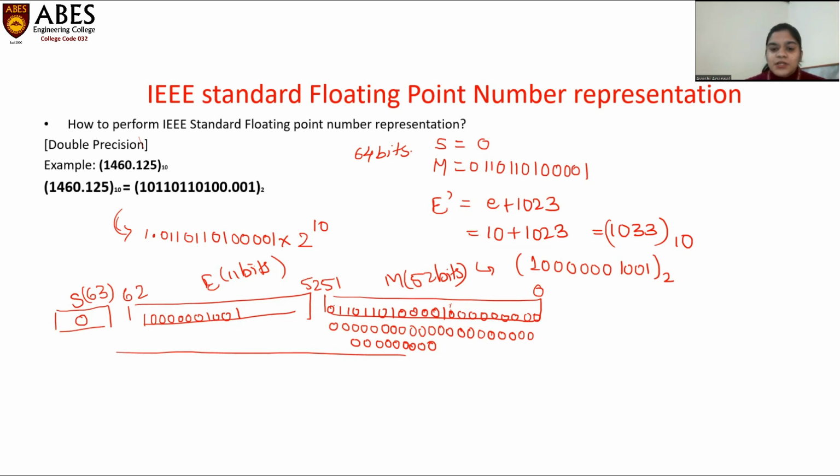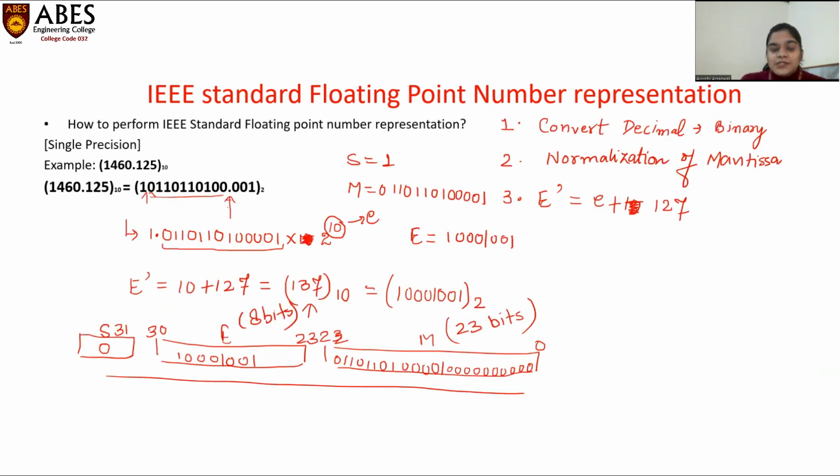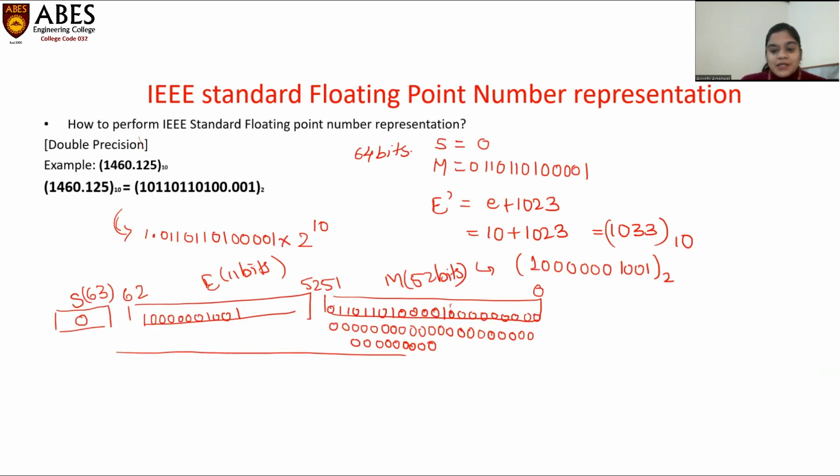Calculate the biased exponent, convert it to its equivalent binary value, and then you should know how many bits are needed to represent the sign bit, exponent, and mantissa, as these are the three main components of any IEEE 754 standard floating point number representation. So this is how we can do single precision and double precision IEEE 754 floating point number representation.